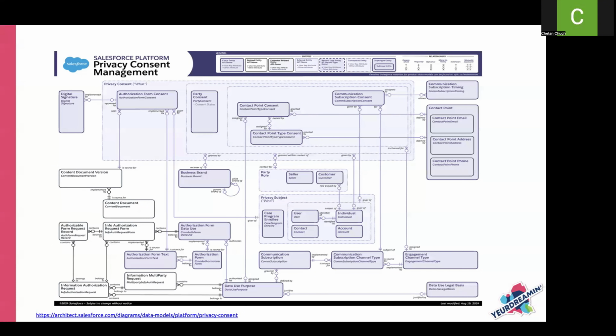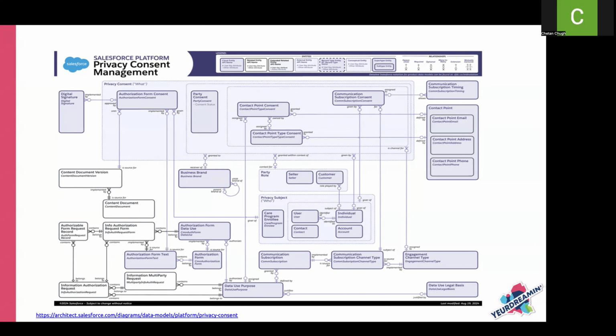Honestly, I've been watching this data model grow over the last 6, 7, 8 years. I think the very first time some of these objects started coming up was probably back in Spring '18, if I remember correctly. And then it has grown quite a bit over a period of time.